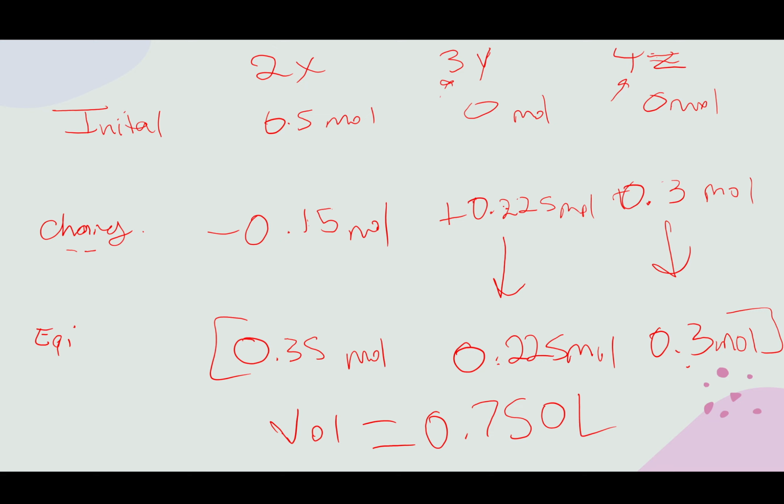Do I have to do all of that, or is everybody fine? Because if you understand to here, you're good. All you have to do now is just do more extra math to get your Kc, which should be 3.17 times 10 to the negative third power.